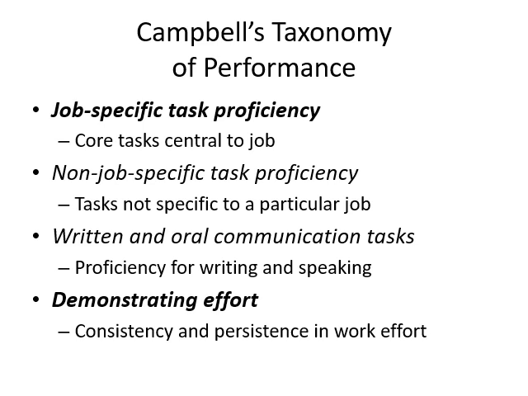So the first one is job-specific task proficiency. Can you actually do the job? So if you have a measure of performance that does not measure whether the person actually does the core tasks as defined by the definition of the job and defined by the job analysis, then you clearly have deficiency. You're not measuring a core thing that you need to measure to get at performance.